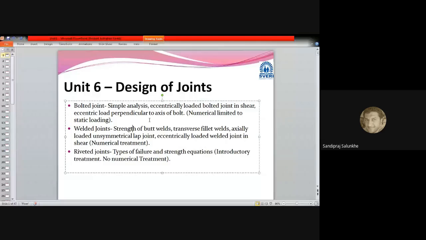Some components have relative motion with each other, and some are fixed with the frame or structure of the machinery. So in that case, we need a joint. That is, we have to connect too many parts with each other, and it requires a joint.